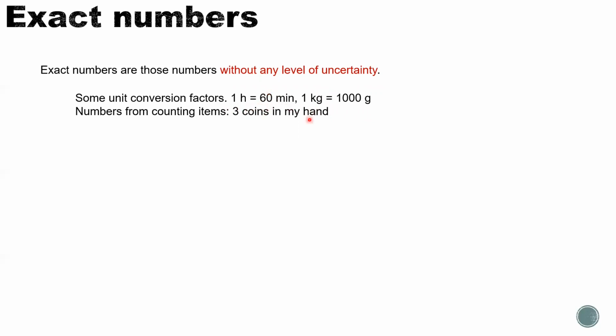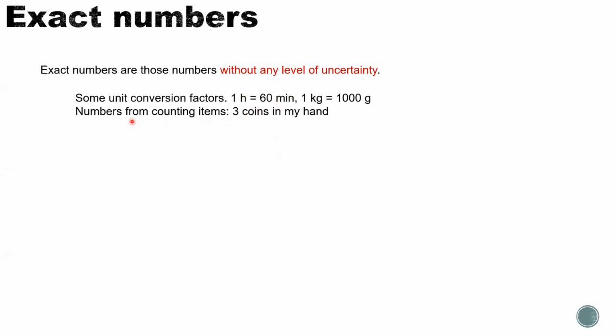That 60 and 1,000 are exact numbers. They do not have any level of uncertainty. 1 hour cannot have 59.9 minutes, cannot have 60.1 minutes. It has to be exact, it has to be 60 minutes there.